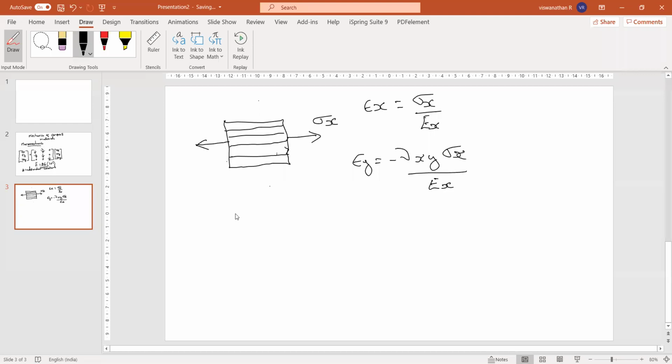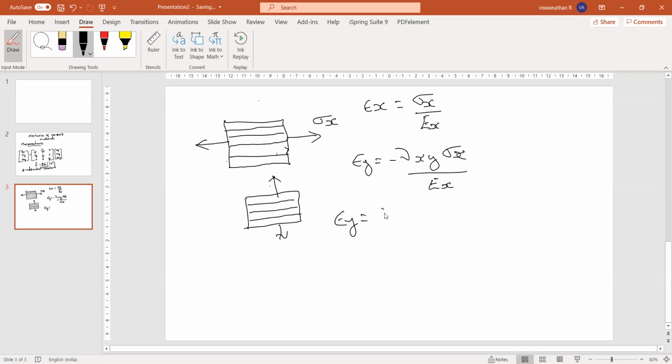Okay. And then if I apply the load in this direction, and I have the fibers here, then what will be the strain?